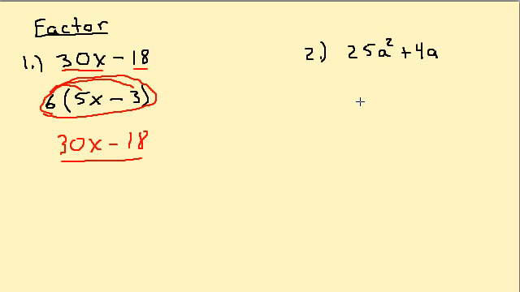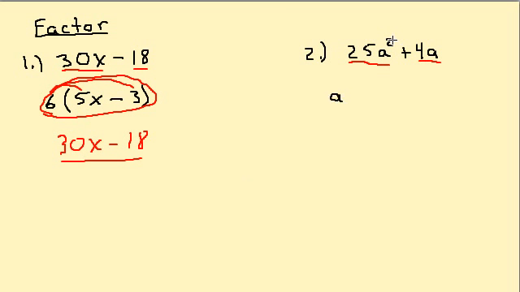Now let's look at this one. 25a squared plus 4a. So we want to find the greatest common factor of 25a squared and 4a. I look at the 25 and the 4. There's not a greatest common factor of 25 and 4. Now I look at a squared and a. The greatest common factor of a squared and a is a.